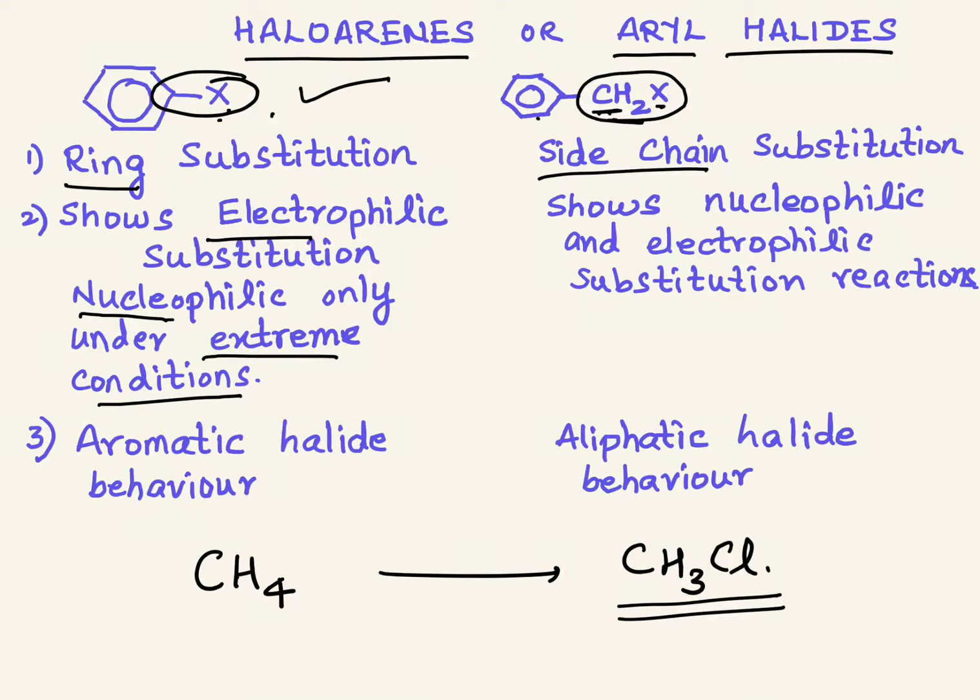Whereas here, because of the side chain substitution, it will normally show all the nucleophilic substitution reactions of aliphatic compounds. Plus, of course, the electrophilic substitution which will take place in the benzene ring, right? So, you have to be careful especially when you are doing conversions, what is required of you.